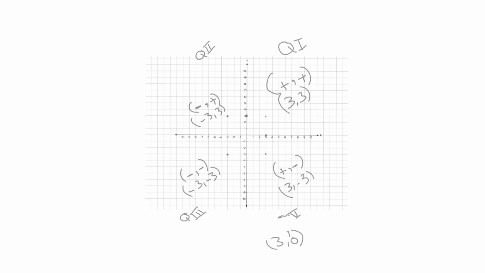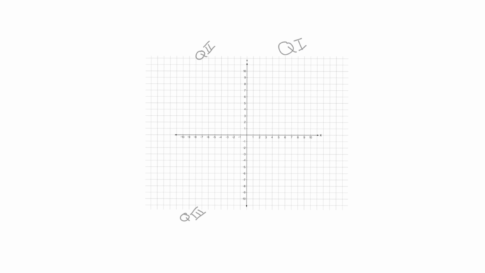Now, the type of questions you might be getting in this lesson are 3 questions. First of all, definitely you're not going to get simple whole numbers like the one that I just wrote.